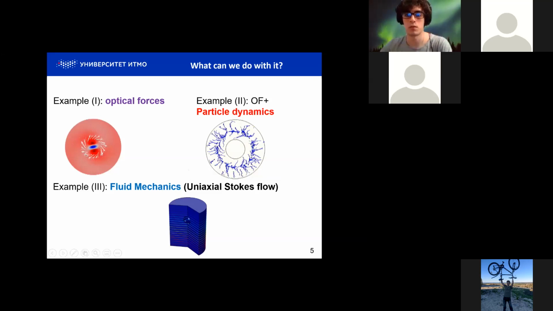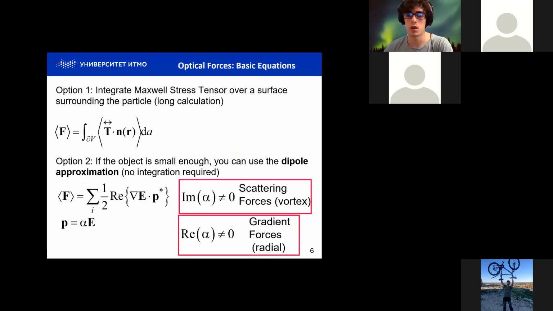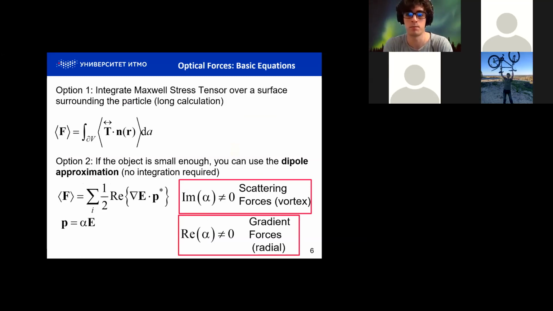Excuse me, scattering forces are dissipating energy, yeah? Yes, they are dissipating energy, but what do you mean? No, I understood. So when they dissipate energy, you mean that they cannot be associated with a specific scalar potential.